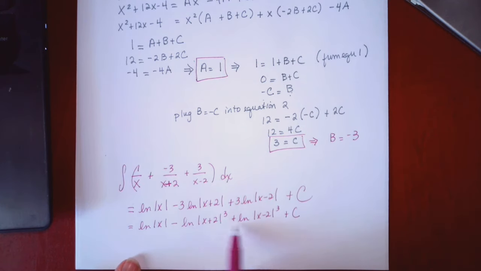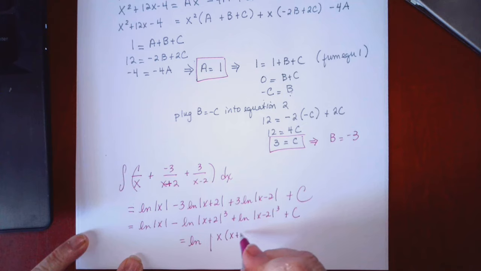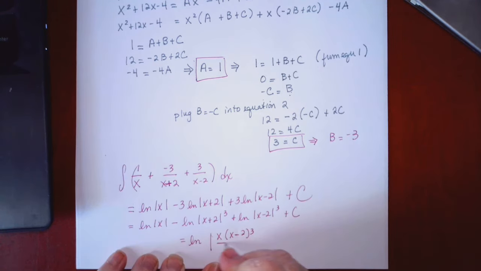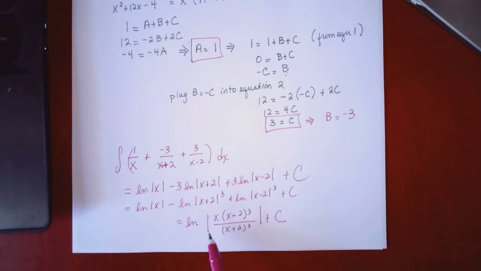And then combine using sums and products, or sums and quotients. So that could be written as the natural log of absolute X times (X minus 2) cubed over (X plus 2) cubed, and then plus C. But that's just using the laws of logarithms, the product and quotient rules, to rewrite that.